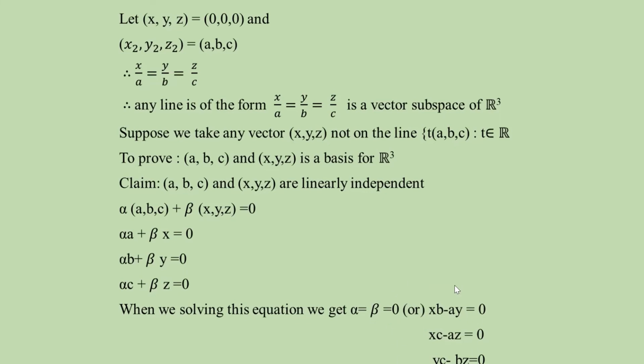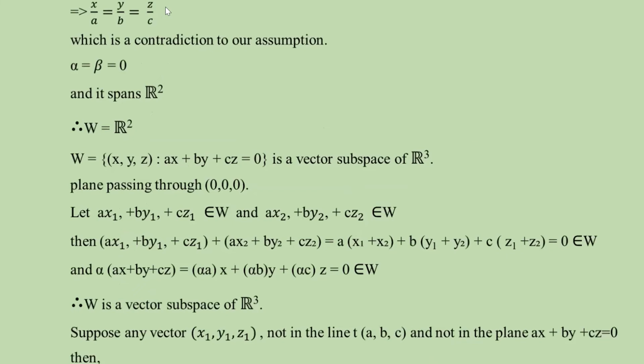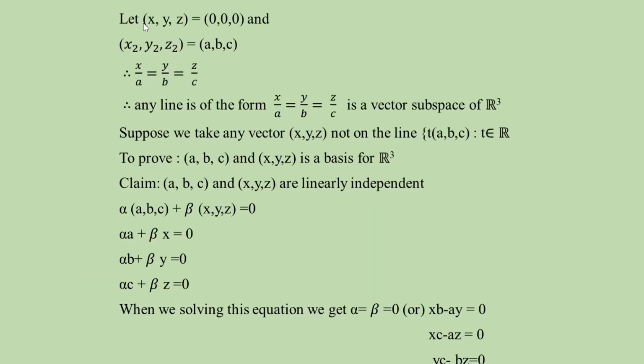Suppose alpha and beta are not equal to 0 and these three are equal to 0, then we get x by a equal to y by b equal to z by c. But this is the form of the line, while we took a vector which is not on the line, which is a contradiction.